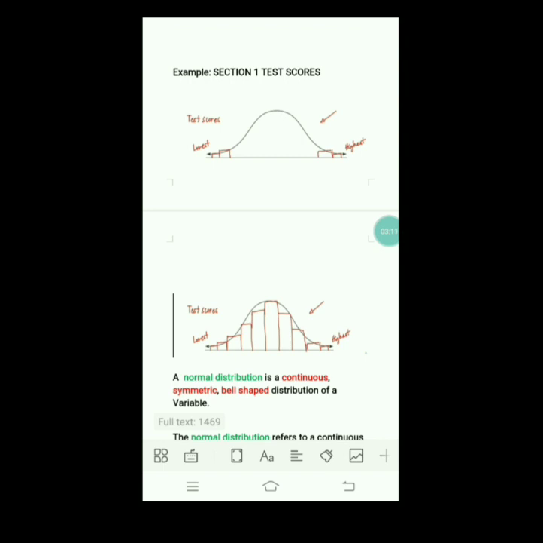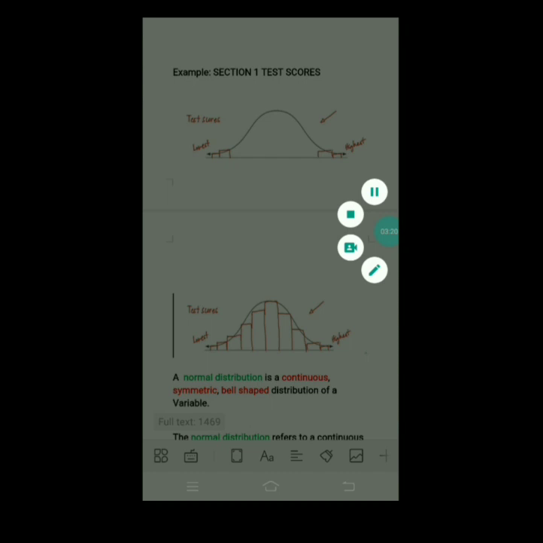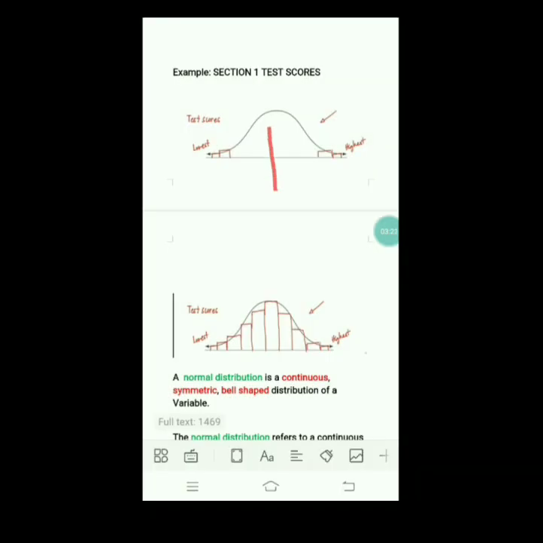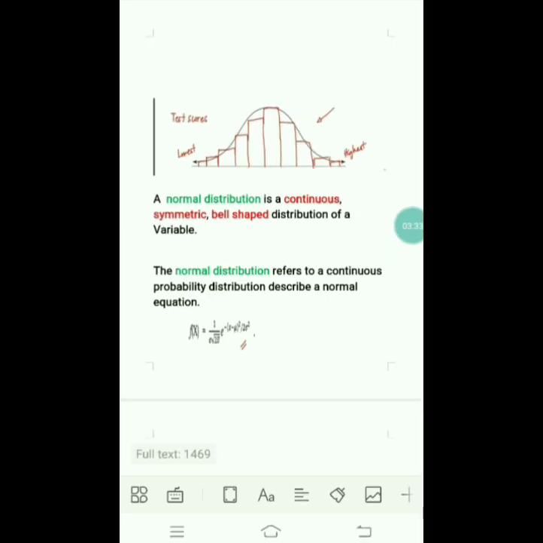Okay, but the common grades or the common scores that Section 1 gets lie in here, in the middle. The most common scores that Section 1 got, so here we can see that Section 1 got many scores in the middle.